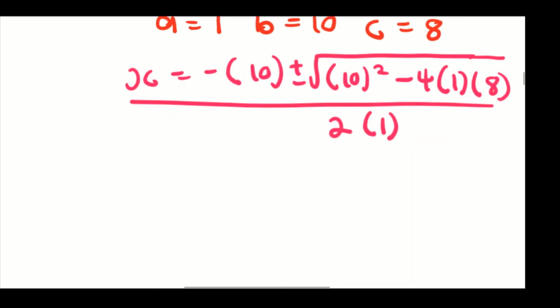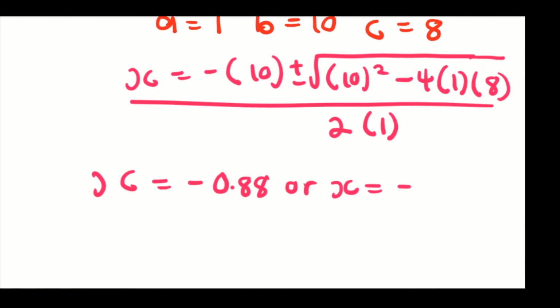So the solutions of x that you're supposed to get are minus 0.88, or x equals minus 9.12. So these are your solutions of x.